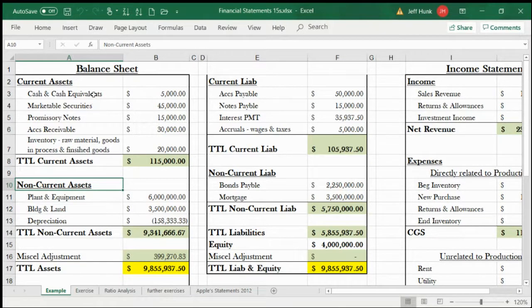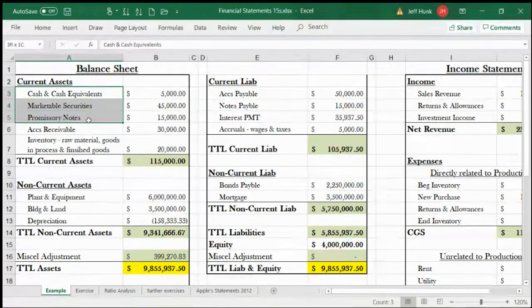So first of all, the current assets are listed in the order of liquidity. So the cash and cash equivalent. Cash is the most liquid asset, so it is put on top. And then marketable securities. Marketable securities means stocks and bonds.